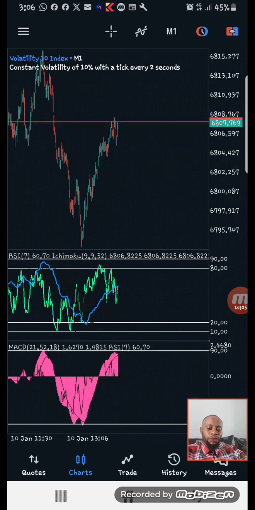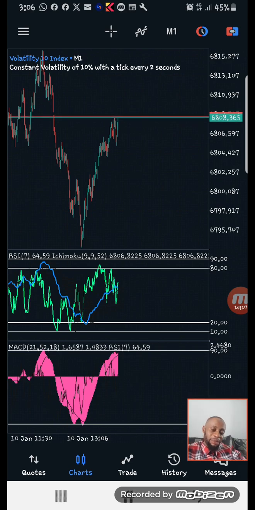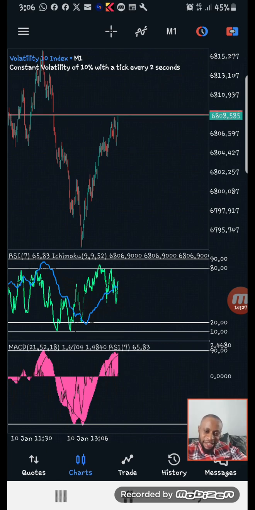Either of those should give you a secondary confirmation before you can place a trade. It has to confirm what the MACD is telling you before you can enter a trade.